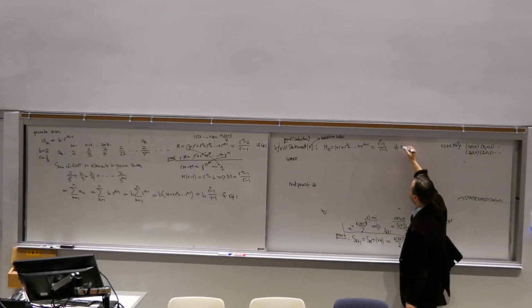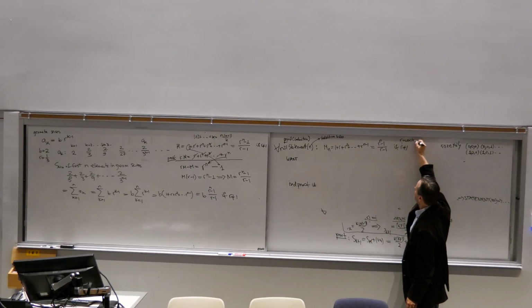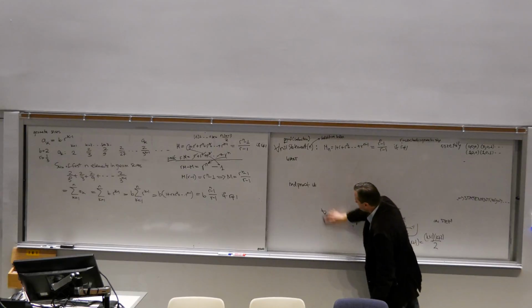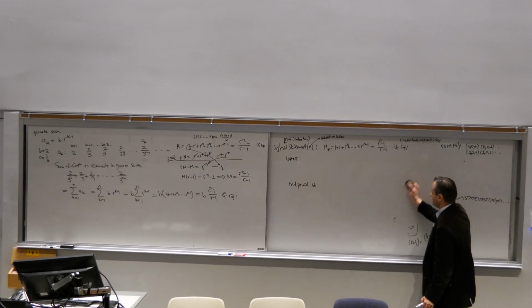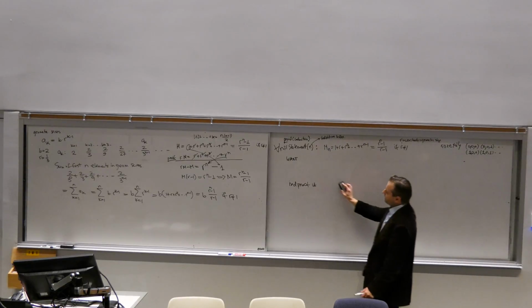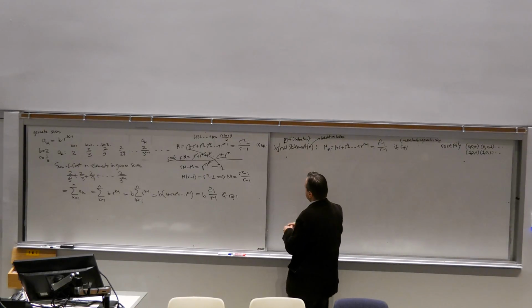So r is a constant, the geometric step. So it could be 2 or 1 over 2 or 3 or 1 over 3 or 25 or 1 over 25, but it's a constant. What is my induction step?